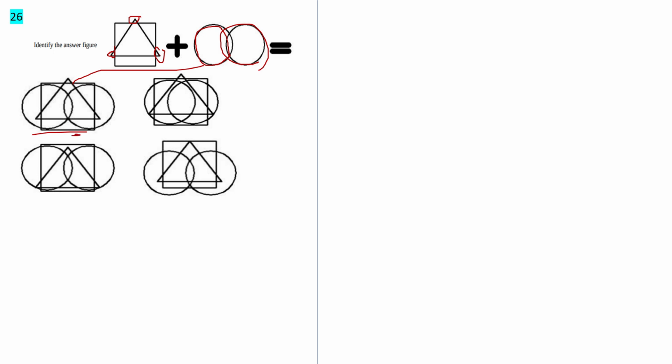But in B, the proportion of this interlocking is not okay, so B is not the answer. In C, you don't have this corner outside the square, so C is not the answer. And in D, the same is happening, so D is also not the answer.